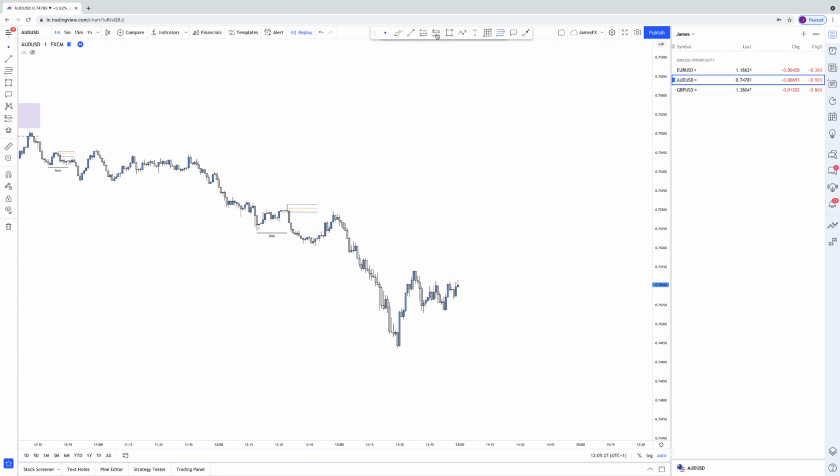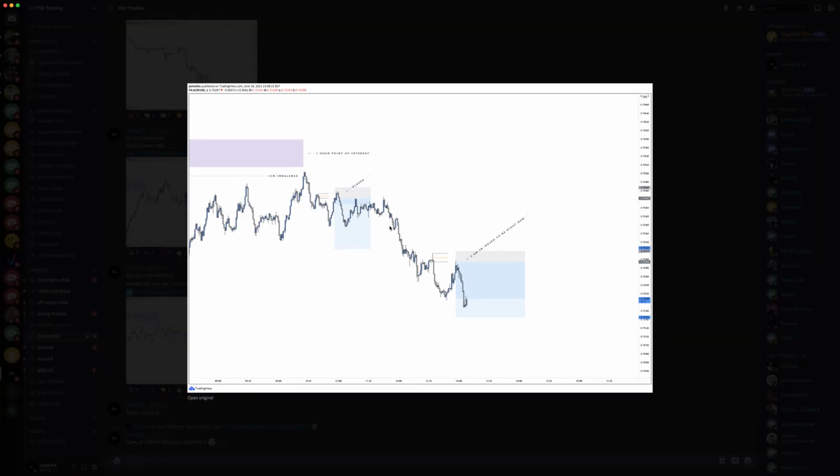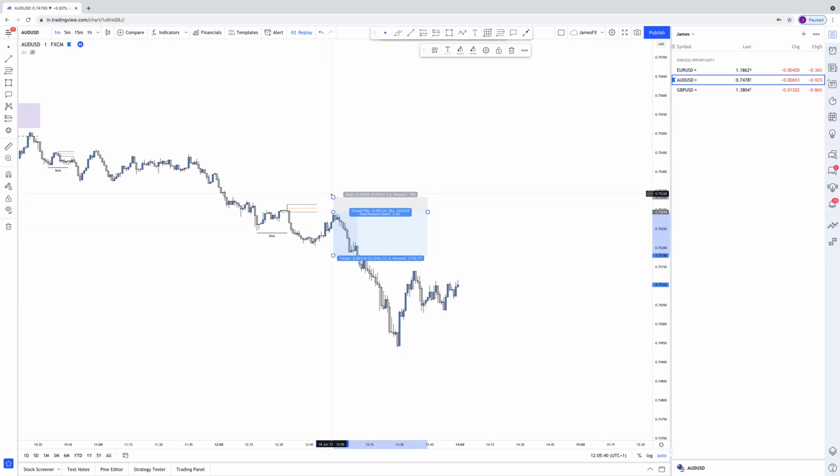And price came in, super clean entry, wicked in just, and what was my stop loss? It was that 319? Yeah, 2.5 pips, which is above the high, more than enough.